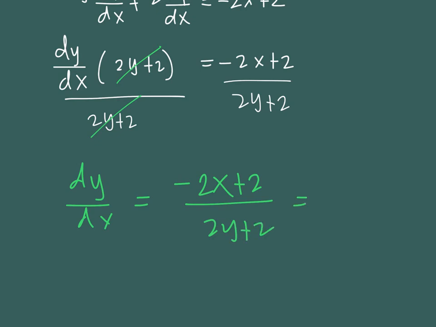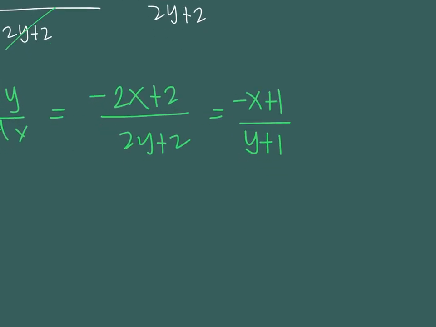In simplest form, x plus 1 over y plus 1. Okay? And you can, well, not required, but you can see it as well as 1 minus x, y plus 1. And there are many different forms. Okay, so I hope that is clear. So that's how we do implicit differentiation.